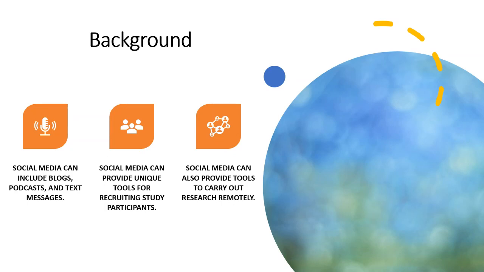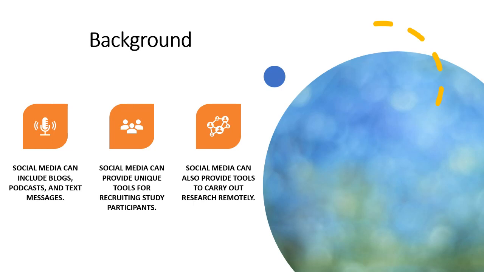So what is the background, and why is it important? Social media can include blogs, podcasts, and text messages. If a researcher wants to use those blogs for their research, then that can be called social media research. Social media can provide unique tools for recruiting study participants. We have seen many researchers use Facebook as one of their recruitment tools, and that's one of the easy platforms where you can recruit participants.